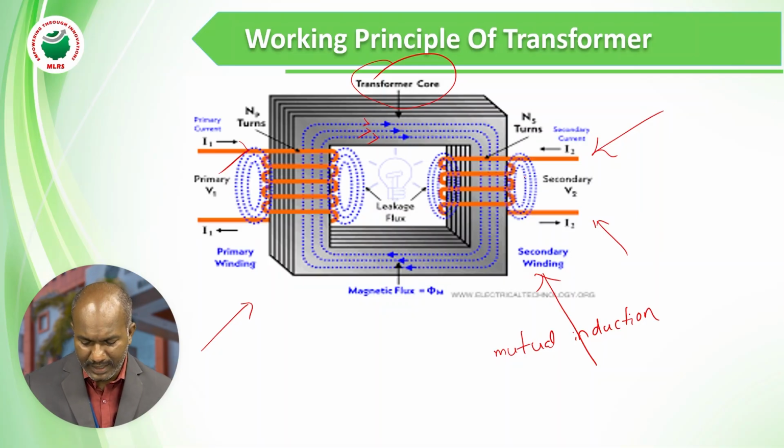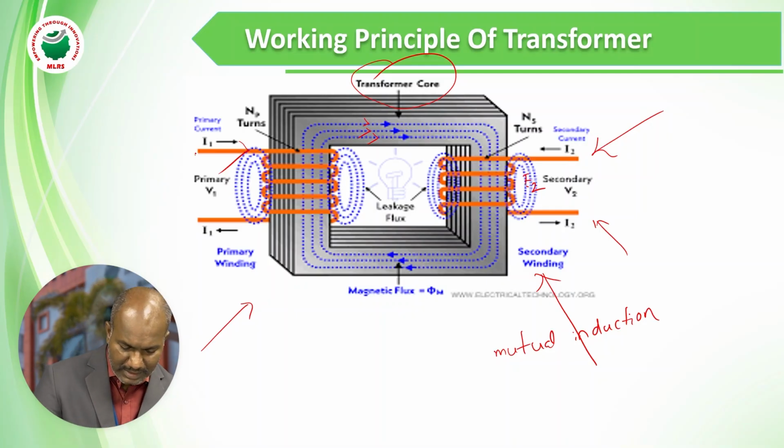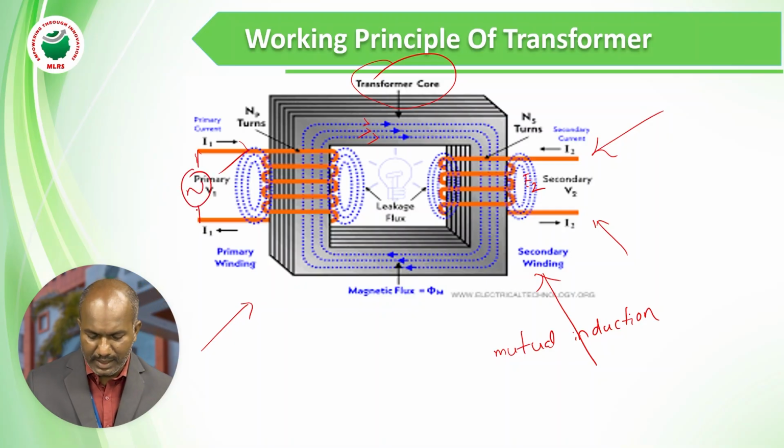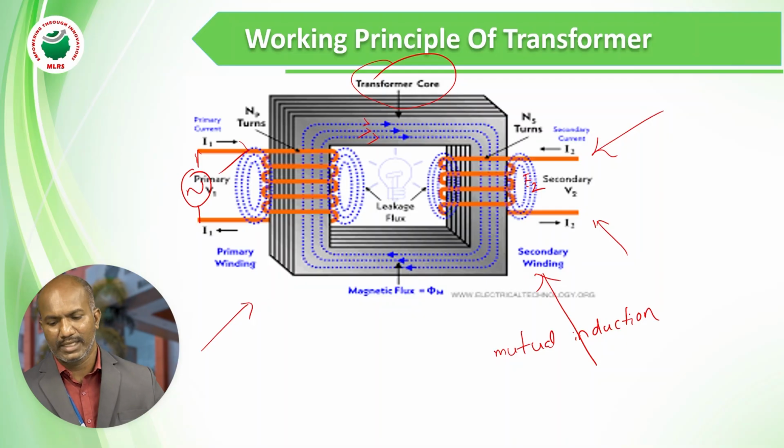So here we are getting induced EMF E2 in the secondary winding. However, in this diagram, the secondary winding is not connected to any load. The primary winding is connected to the alternating supply source. Here I am not connecting any load to the secondary winding.